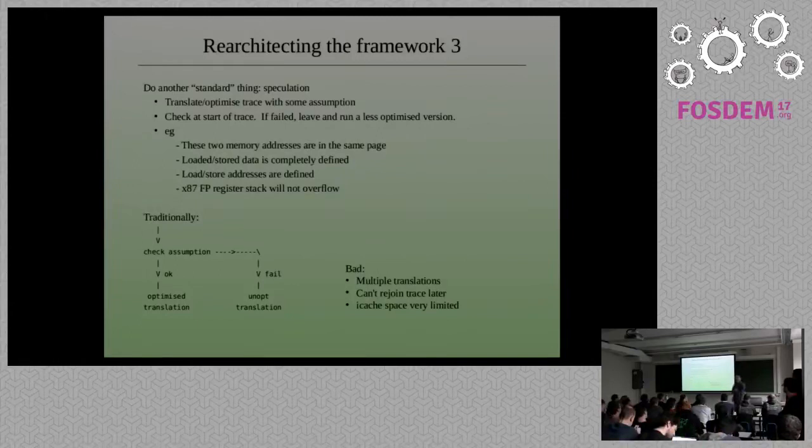What it means is that we do not try and make one translation of this code for all conditions, but we rather decide that we're going to specialize on some assumption about the block which will help us generate faster code. And then at the start of the block we're going to insert a check which actually decides whether this assumption is true, and if it's not, then we're going to have to find some other way to execute it by jumping out elsewhere.